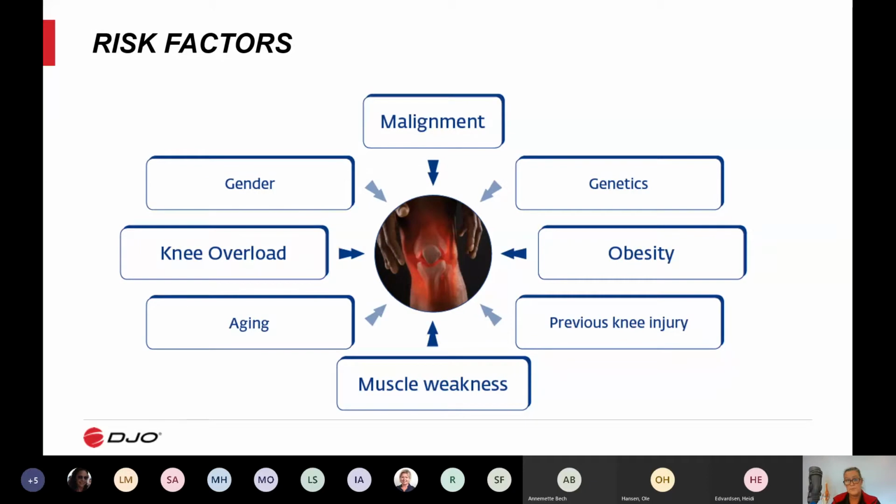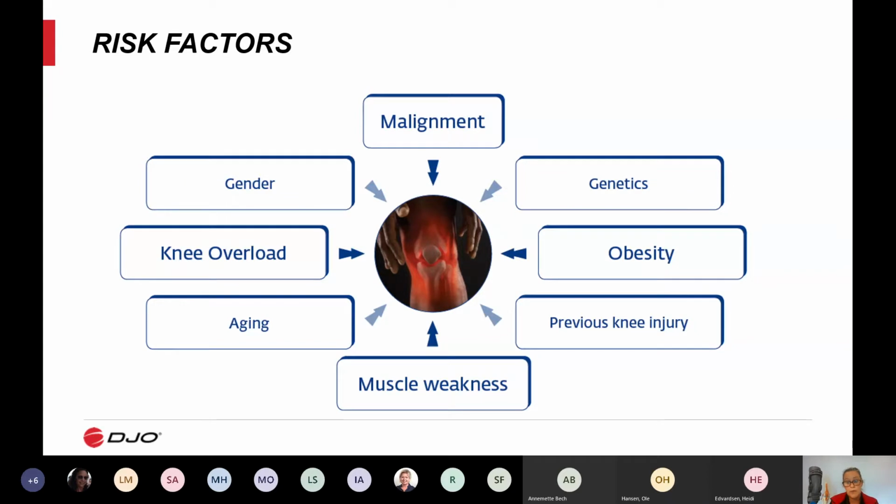When we look at the risk factors, a very big risk factor in our society today is obesity. We are not eating as we should, we are eating too much, and we don't exercise. So obesity very much increases the actual knee load.